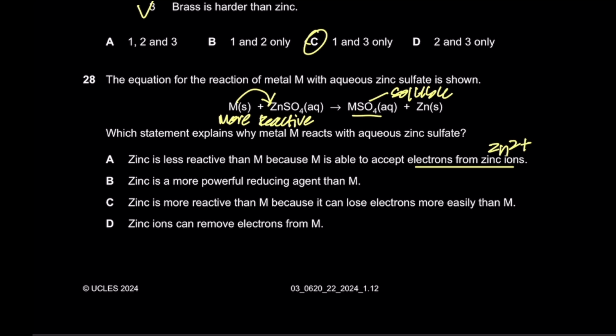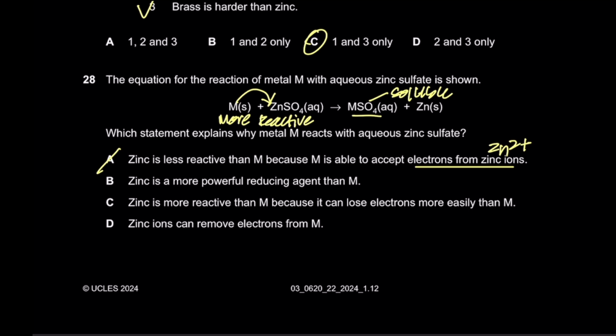So effectively the metal is losing electrons to the zinc 2+ ions to make zinc, and metal sulfate is the salt that is being formed. That's what's happening, right? So that's not true. A is incorrect. Why? Because M is not accepting electrons from the zinc ions, although the zinc ions are accepting electrons from M to become zinc.